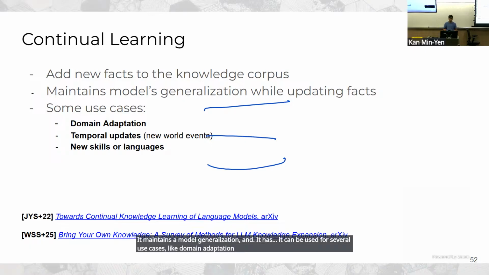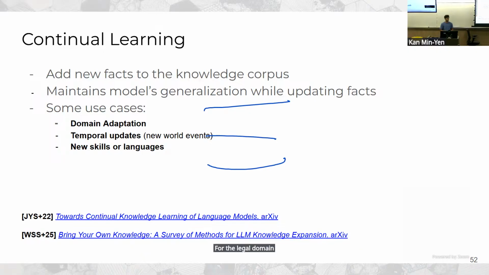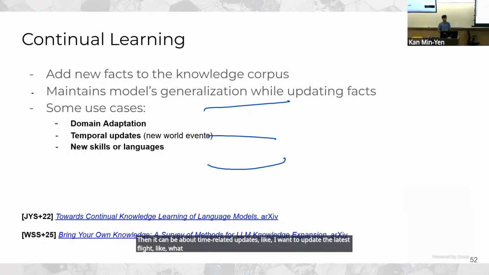Let's say I want to adapt a model for the medical domain, for the legal domain, or adapt a model for NUS. Then it can be about time related updates, like I want to update the latest facts, like what is the Google population right now, etc. And in some cases, adding new knowledge, new skills, and linguistic related knowledge.